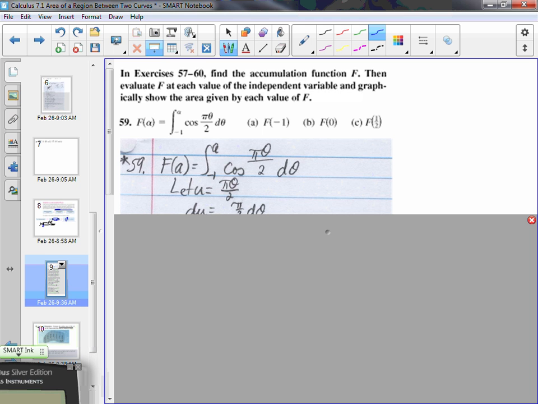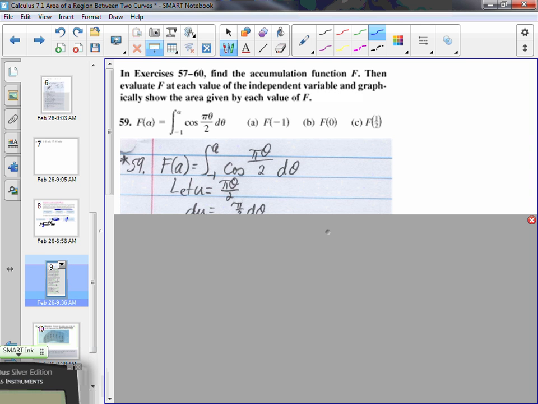The directions tell us to find the accumulation function, capital F. Then evaluate capital F at each value of the independent variable and graphically show the area given by each value of capital F. So, capital F of a, I think that's actually an alpha, we'll call it an a, equals the integral from -1 to a of the cosine of pi theta over 2 d theta.